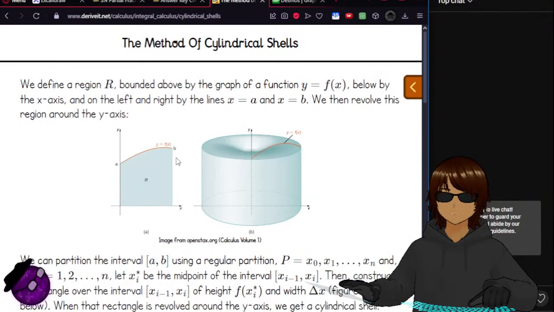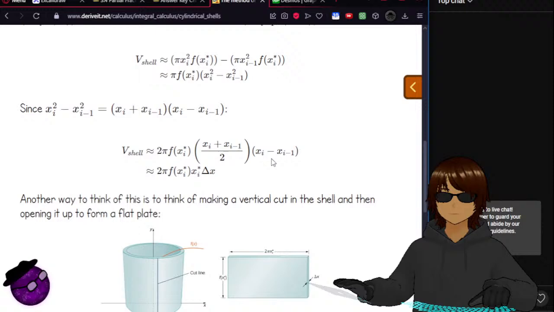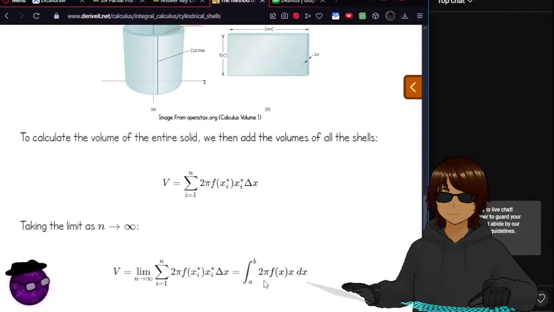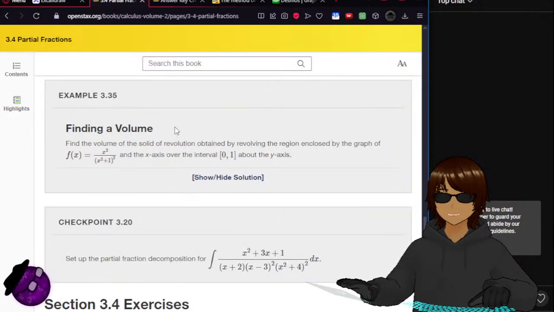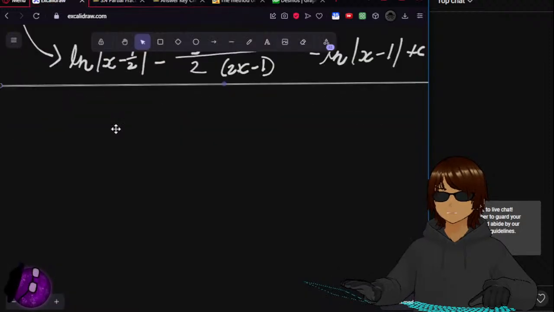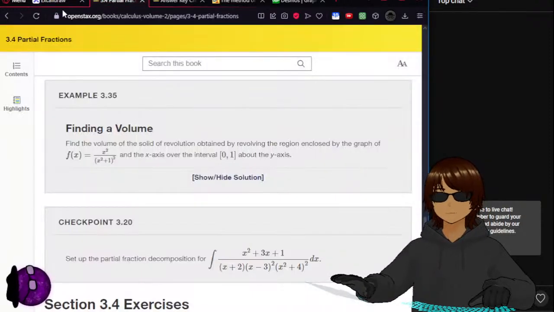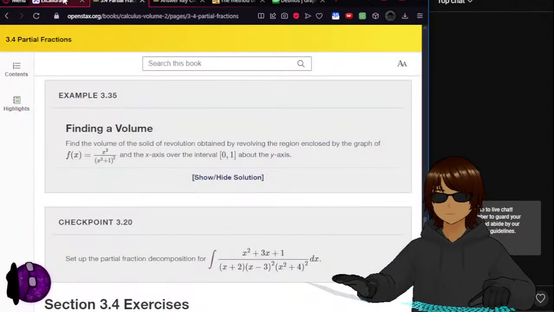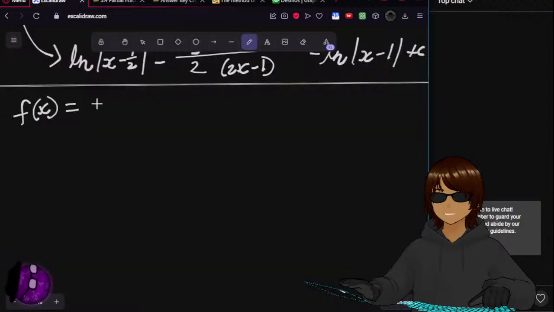I got these pictures from the book. 2 pi times f of x, x, dx. So x over x squared plus 1 squared.